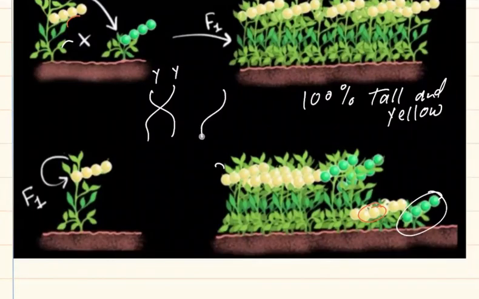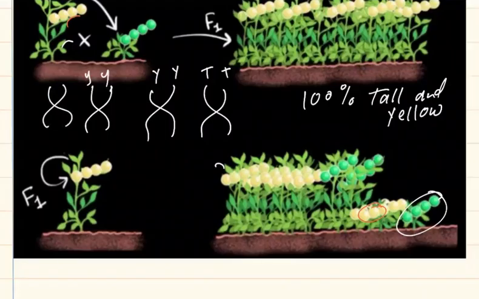This is the chromosome which will give us T capital. And this is the chromosome Y small, and this is the chromosome which is T small. Now, if they separate independently, we are going to have these varieties.